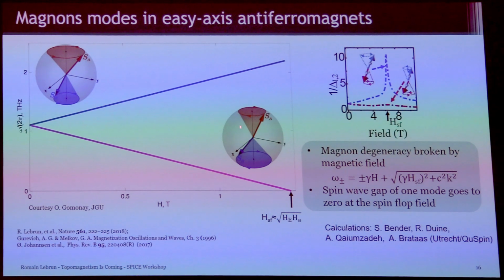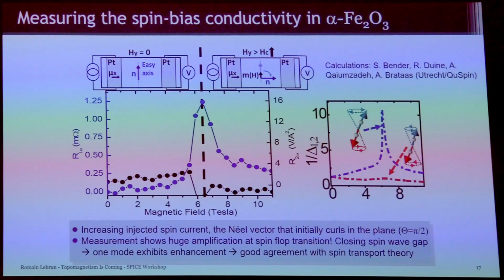The energy gap between the two modes is maximized, which means that the difference of magnon population between the upper mode and the lower mode is also maximized at the spin flop field. So if you plot the inverse of the gap of the two modes, you will see that you also get this divergence for one of the two modes at the spin flop field.